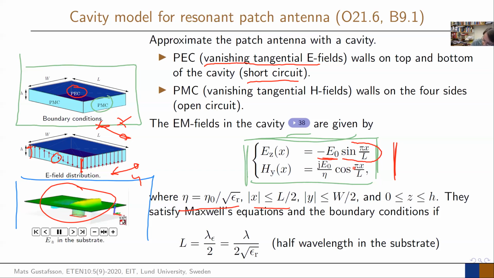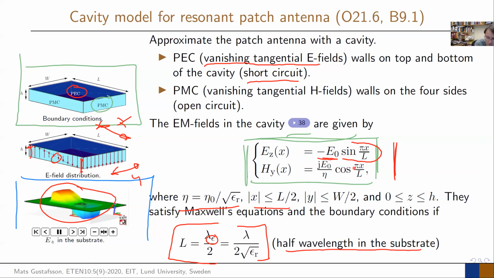And that relationship here is here. It says that the length of the patch is lambda over 2. So this is the requirement that we have. And now it is lambda epsilon here. So it's lambda in the substrate, which means that it is the free space lambda over 2 square root of epsilon. So half a wavelength in the substrate.